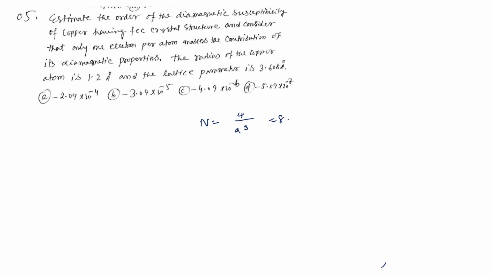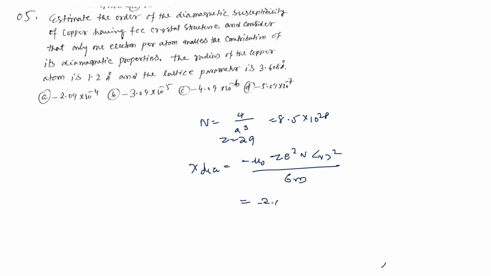Then you will get 8.5 into 10 to the power 28 atoms per meter cube, and the Z value is 29, and chi diamagnetic is minus mu 0 Z e square n R square divided by 6m. Substitute all the values, you will get the answer minus 2.09 into 10 to the power minus 4.